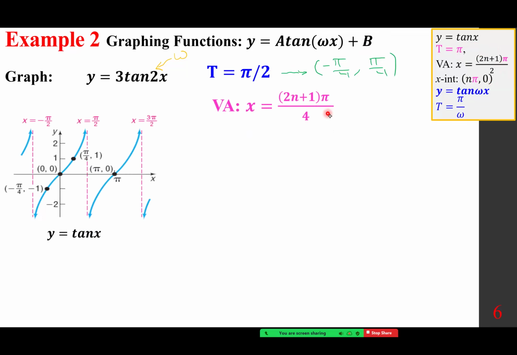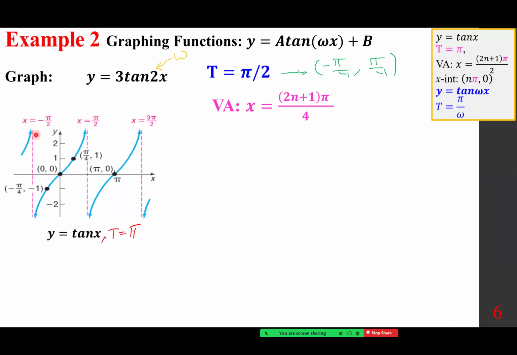So take a look. This is the original basic tan function, looking like y equals x cubed. One complete cycle goes from minus pi over 2 to pi over 2. In other words, in this case the period t is pi. You cut this in half, you get pi over 2.